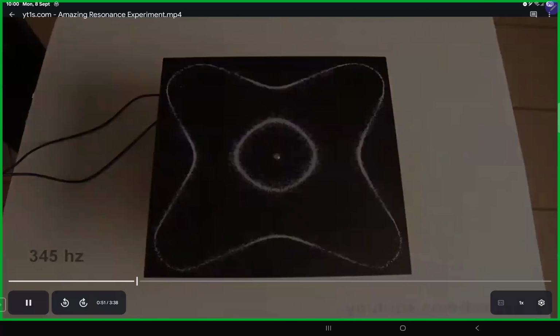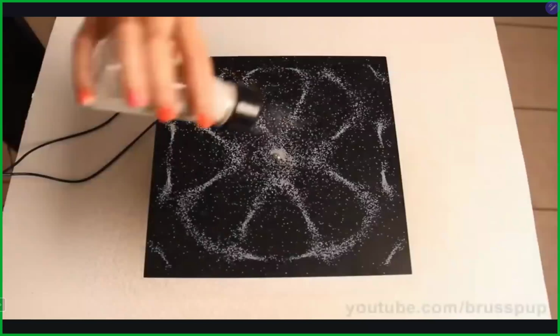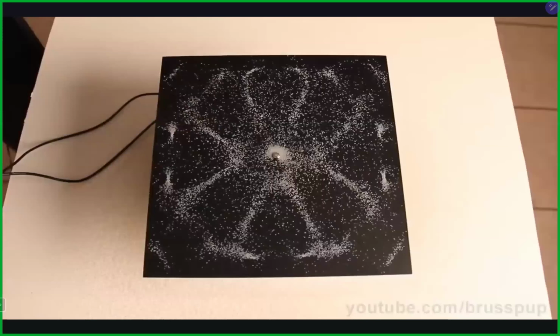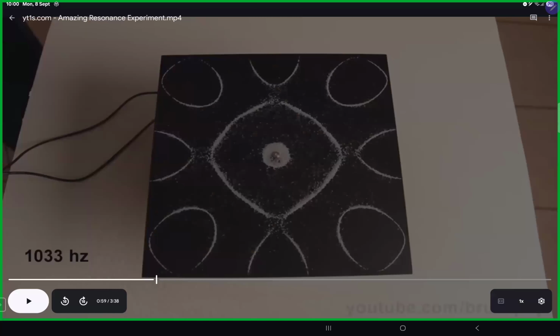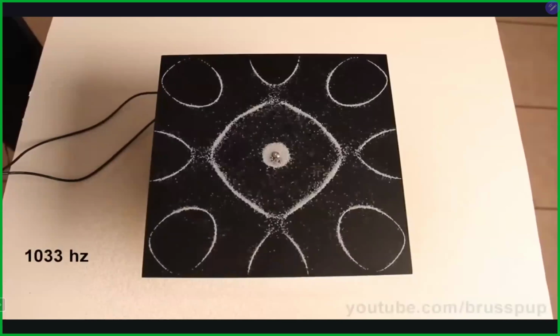If you put more salt and more frequency, this is 1033. So in case in your society, if you have a Rangoli competition, you can keep this. And if you just change the frequencies and the Rangoli keeps changing, you have made an infinite Rangoli thing.